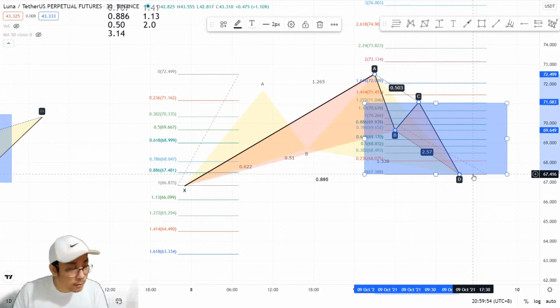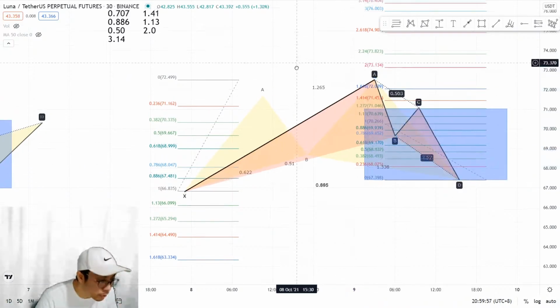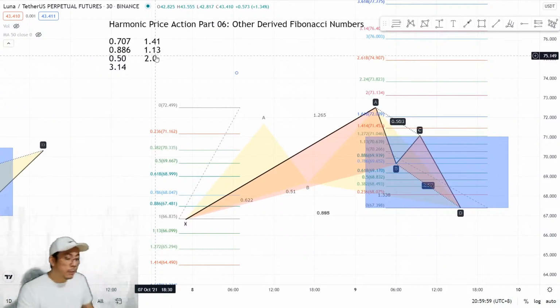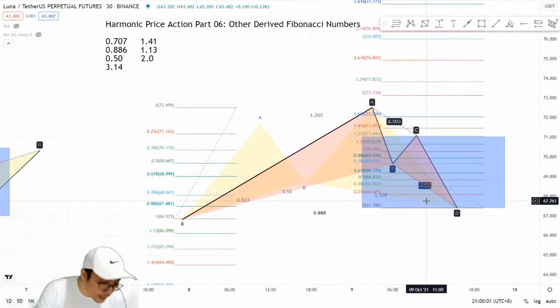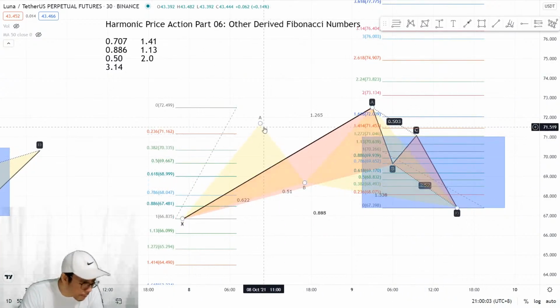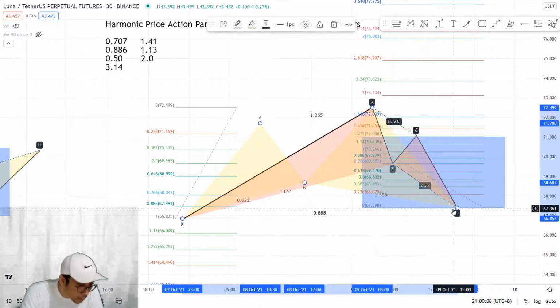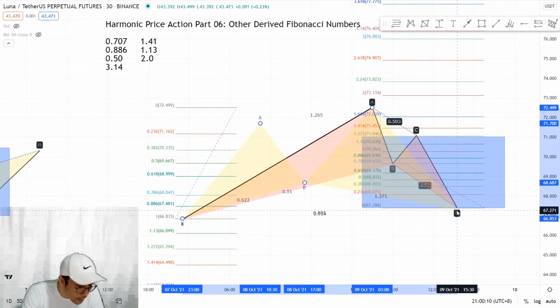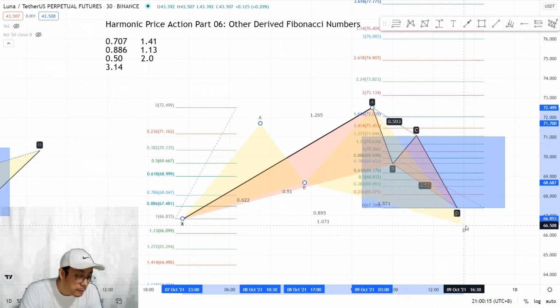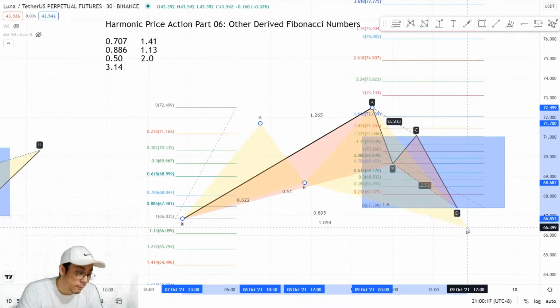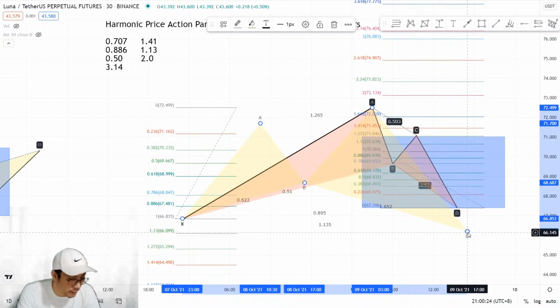Then as I mentioned, I'm going to show you now the 1.13. So in case it happens that the pattern, for example, this yellow pattern, because this is the shark pattern, didn't complete at 0.886, then we'll just have to extend this a little bit lower down to, guess what number? 1.13. Okay, so 1.13, 1.135. Just a little bit of discrepancy with this one.